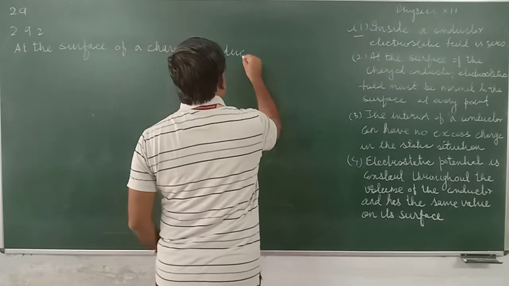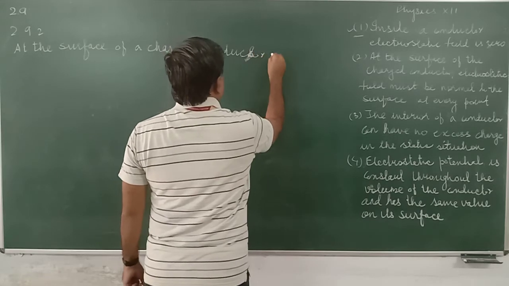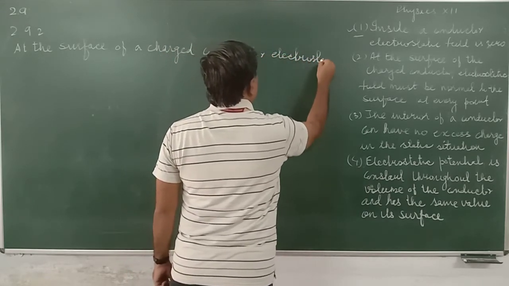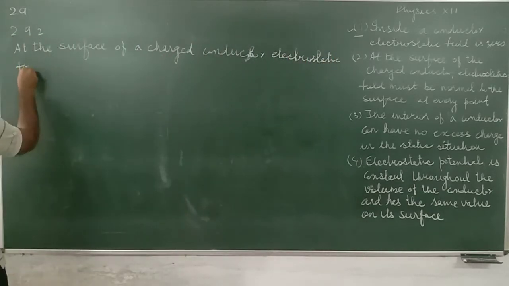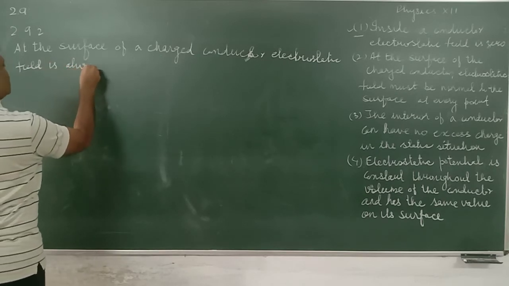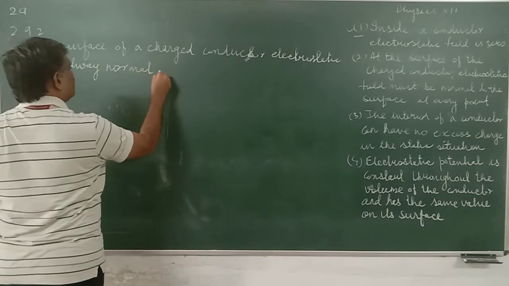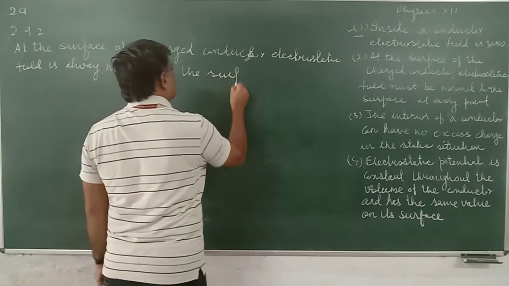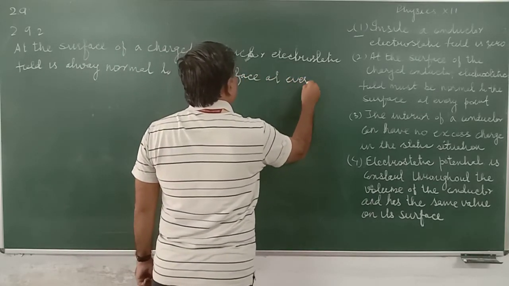At the surface of a charged conductor, the electrostatic field is always normal to the surface at every point.